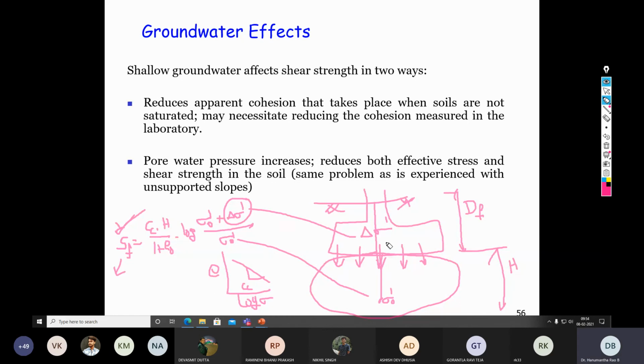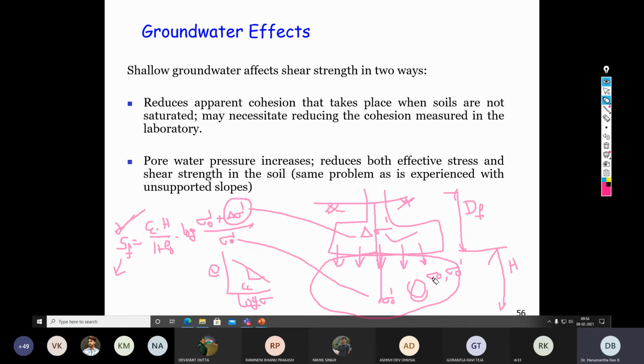When you impose the delta sigma, something happens within this soil volume, that is a change in the pore water pressure. That means there are changes in the stresses from sigma naught to sigma naught dash.